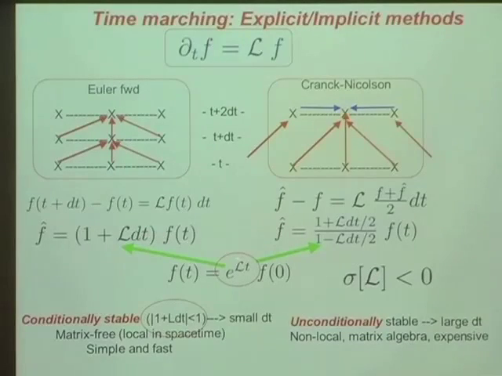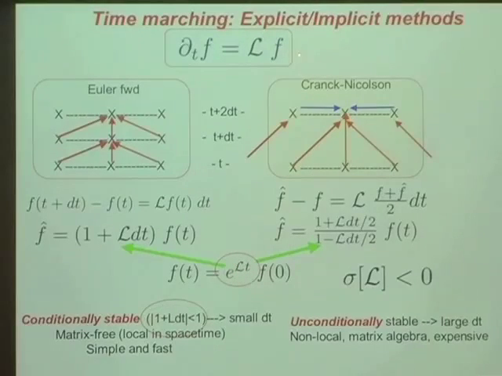Now, if you look at the exact solution and take the norm, exp(Lt) will be a number less than 1 if the spectrum lies on the negative side. That's what we mean by stability. So the initial condition will decay and eventually will decay to 0 if the system is stable.